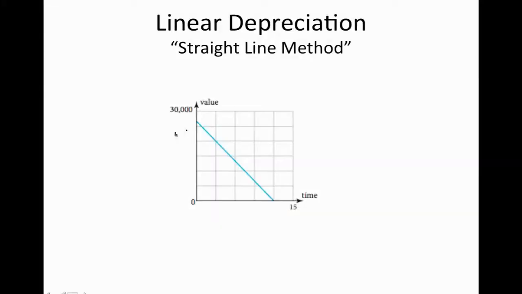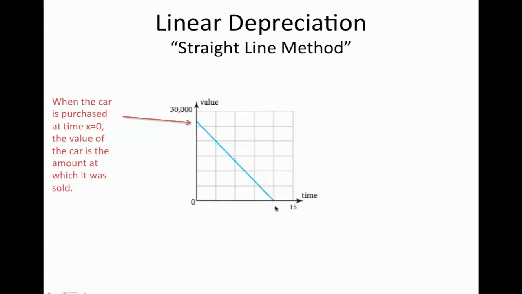So here's an example of something that you purchased in year 0 for $30,000, and after year 12, it depreciated to nothing. So when the car is purchased at time t equals 0, where the line intersects the vertical axis, that is how much the car costs.